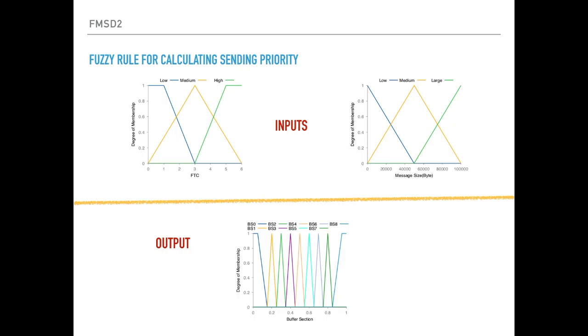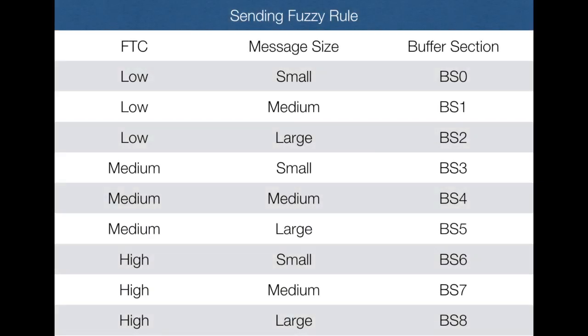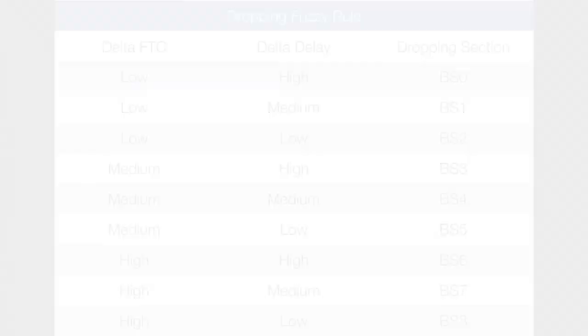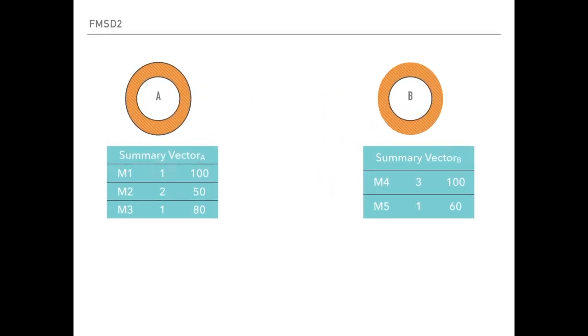For our work, we use two fuzzy loops, our sending fuzzy loop and dropping fuzzy loop. The sending fuzzy loop uses FTC, the estimation of copies of a message. Every message generated has an FTC of 1 initially, and message size as an input, and returns sending priority.